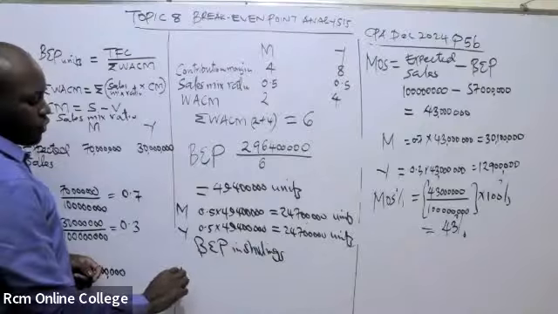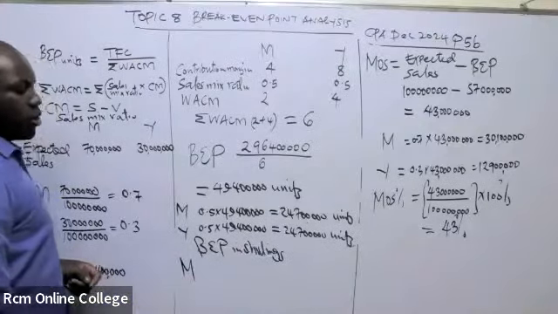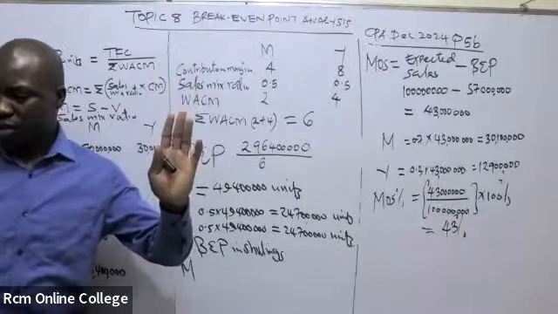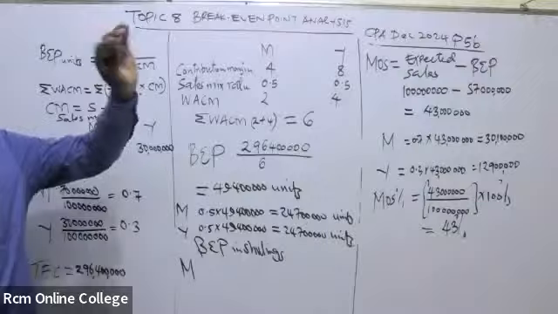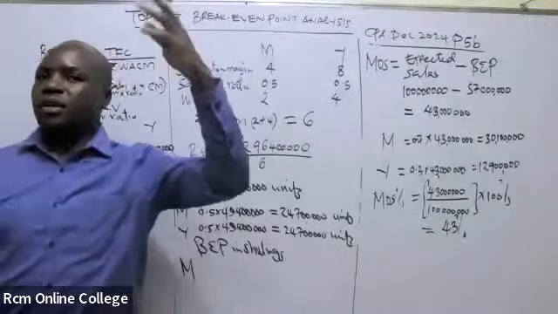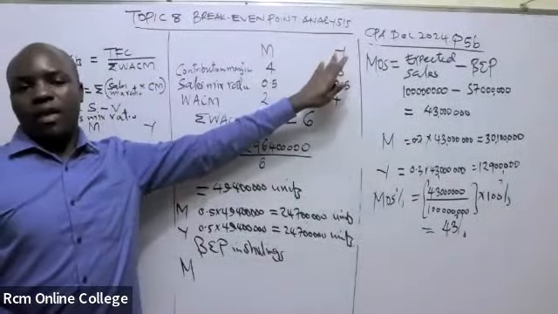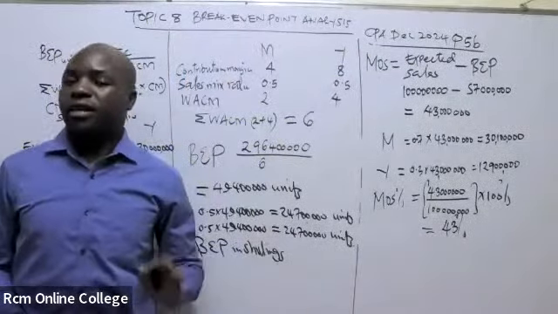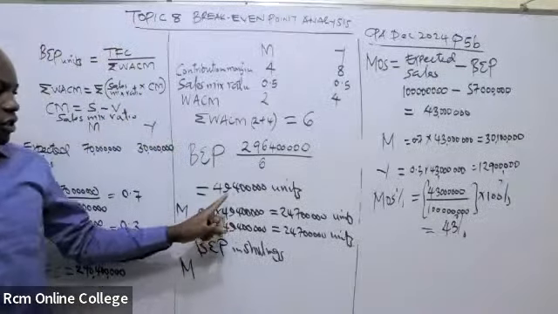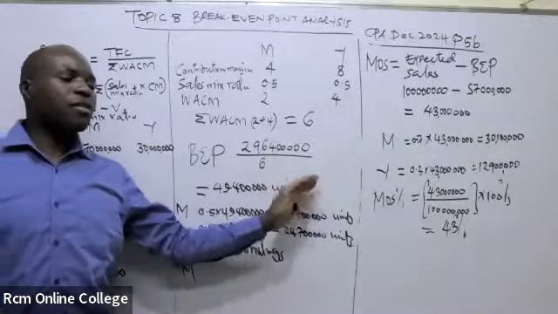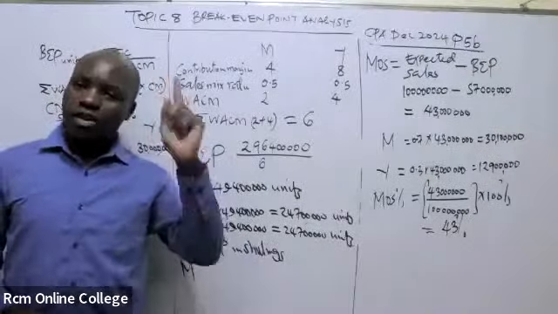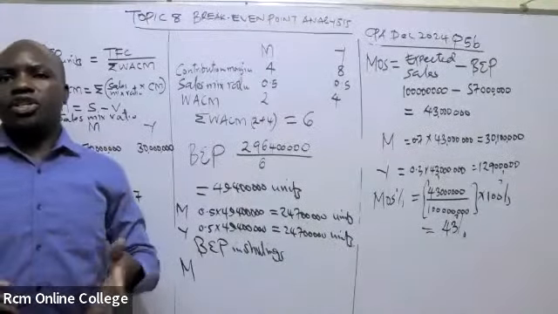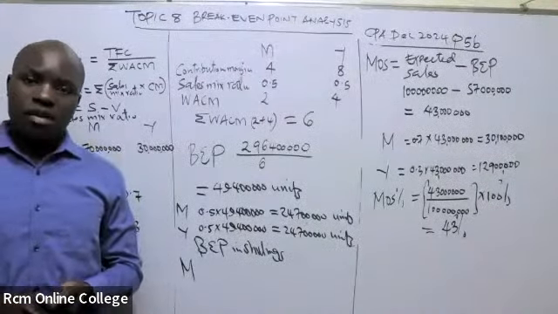Let's start with product M. Because if you look at the table given up there, product M has got a different selling price from product Y. That is why we cannot directly take the 49,400,000 multiplied by the selling price per unit to give us the break-even point in shillings. We can also not apply the contribution margin ratio to get the same thing. It will not work.